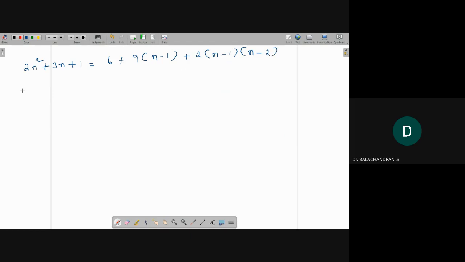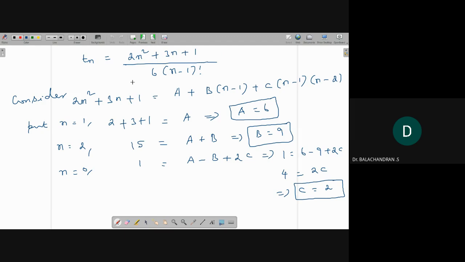So now what is S? S is equal to the summation from n equal to 1 to infinity, that is T1 plus T2 plus T3 and so on. What is Tn?